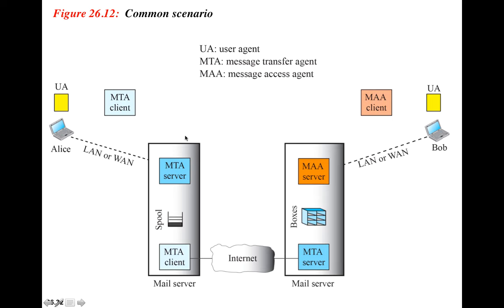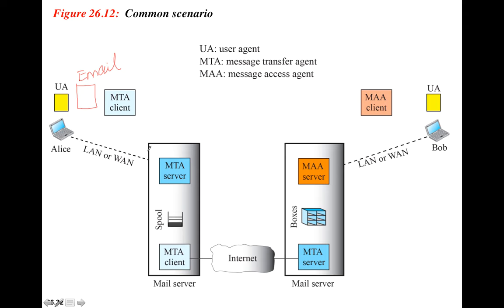So in our scenario, we have Alice that is connected to the network and is making use of her user agent to write an email message. When Alice wants to send her email, the MTA client will push the message from Alice to Alice's email server, right?